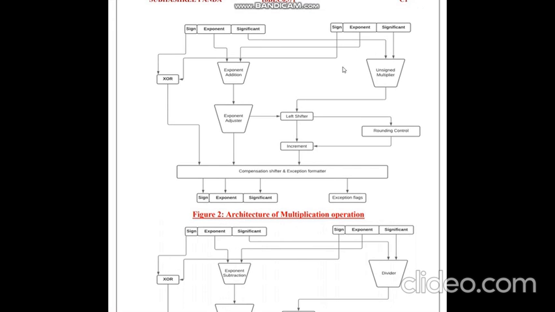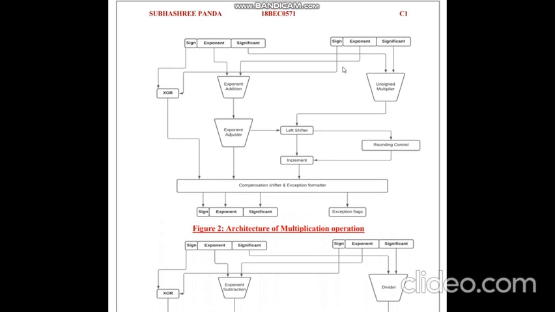Now coming to multiplication of floating point numbers, it is made in 4 steps. You can get to know that from this flowchart itself. I'm just explaining this in very few and simple words. First, the normalized operands' mantissas are multiplied using an unsigned integer multiplier.